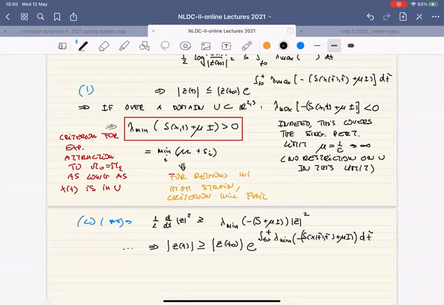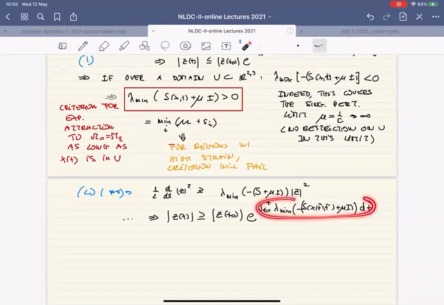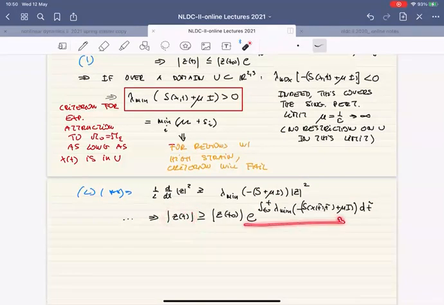And the argument is then the same. So for these types of estimates, suppose this is a negative number, that's not helpful for my purposes, because if you estimate Z(t) with a decaying exponential from below, that doesn't prevent Z(t) from growing in norm.